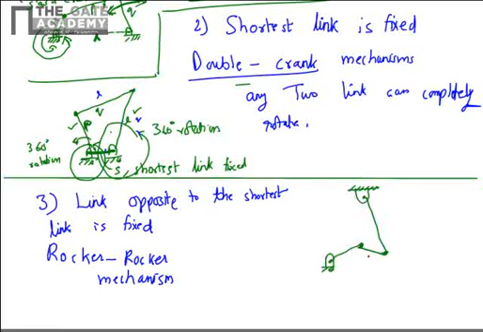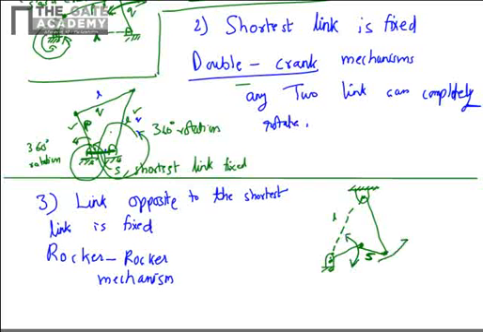In this mechanism, you can see that the shortest link is this one and the longest link is this one. So here the link opposite to the shortest link is this, that we can join by a dotted line here. So the link opposite to the shortest link is fixed here, and we get a rocker motion of these two links.